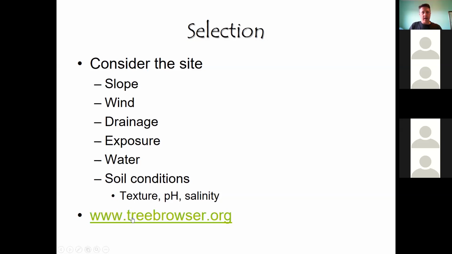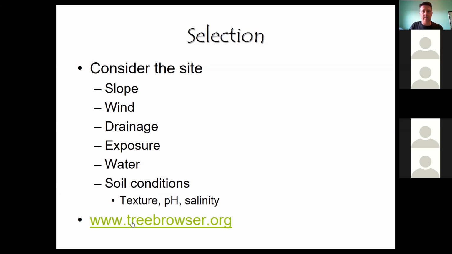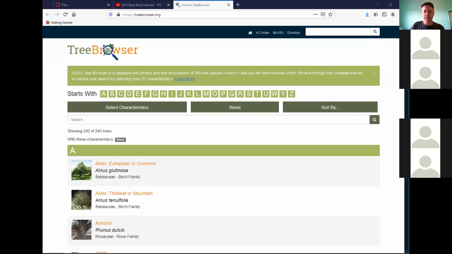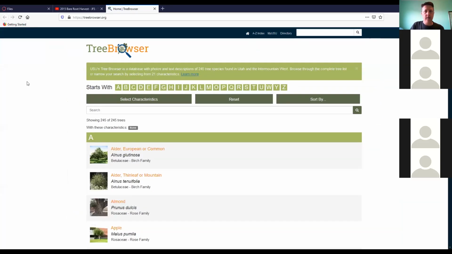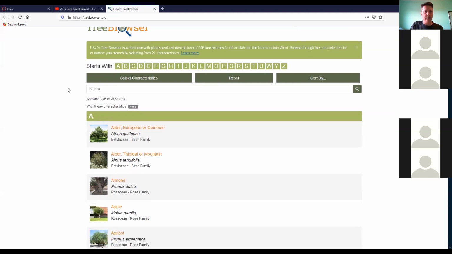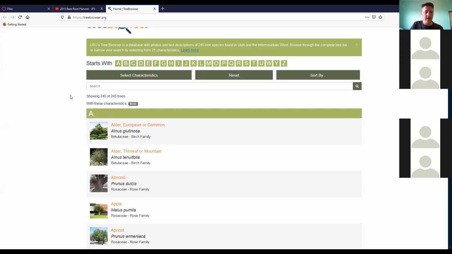So I'm going to switch my sharing so that you can see this. Okay, so now you should be able to see the tree browser. I pulled up the website, treebrowser.org. There are 245 trees here, and right now they're alphabetical by common name.